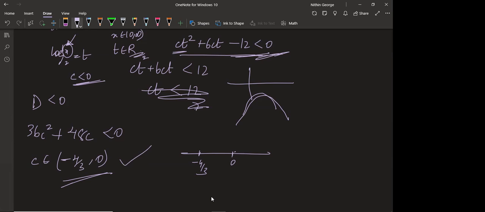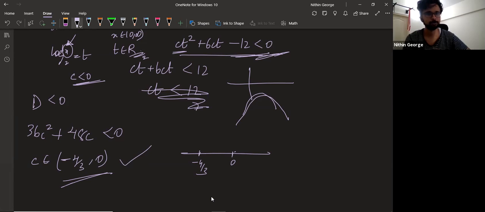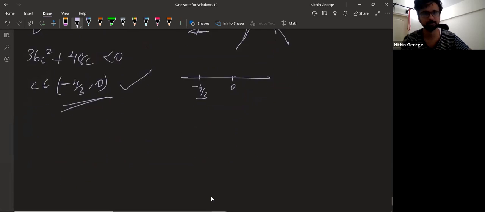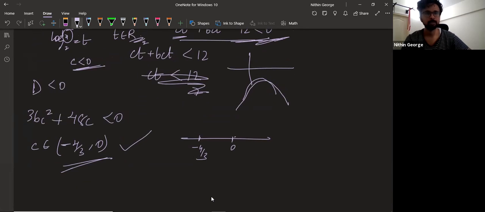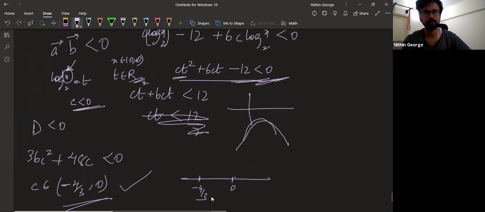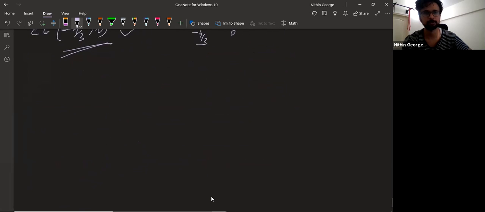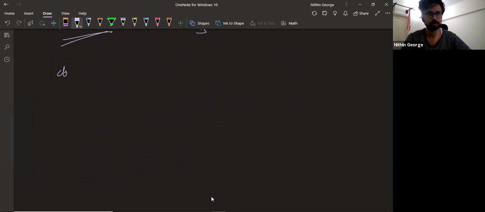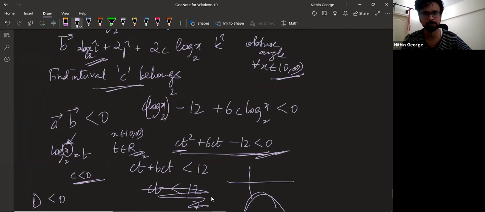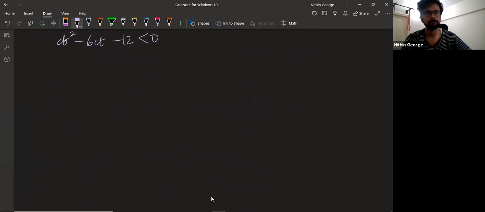Sir, I didn't understand the last part, sir. Okay, so this is quadratics. Here, we are given some equation, ct squared plus 6ct minus 12. So we have some quadratic with us, and this quadratic is given to be lesser than 0.